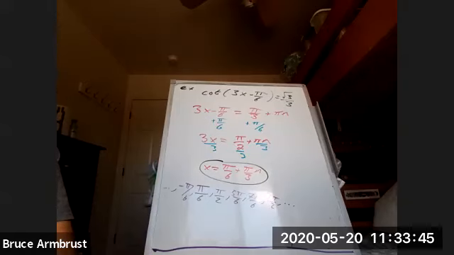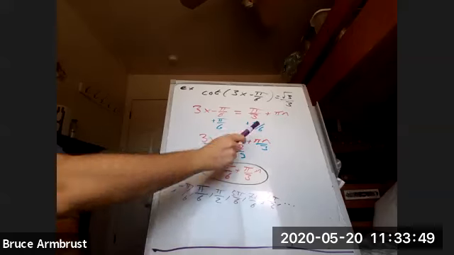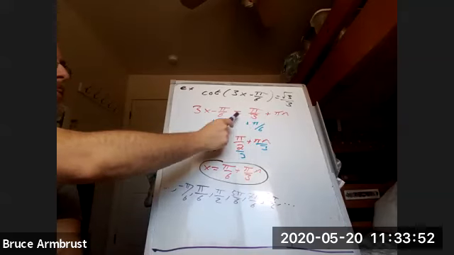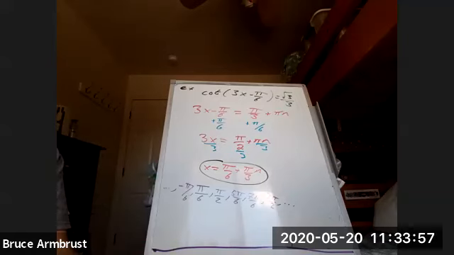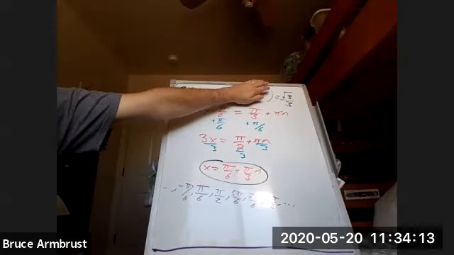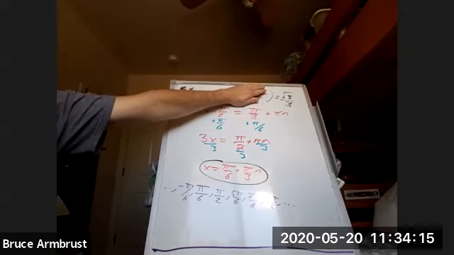All right, so if the stuff inside gets more complicated, don't freak out. Do like you normally do, but then set the inside equal to this. You guys have probably already figured out, now that you've been with me a while, that I like to use words like stuff and things, and I'm not really a big math technical guy. And the same thing holds here. What I'll often do is I'll cover this up, and I'll say, okay, we need cotangent of hand to be root 3 over 3.